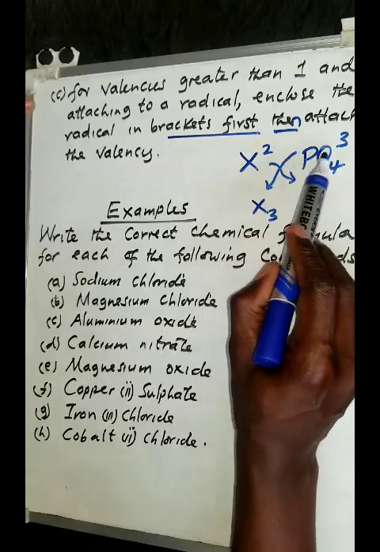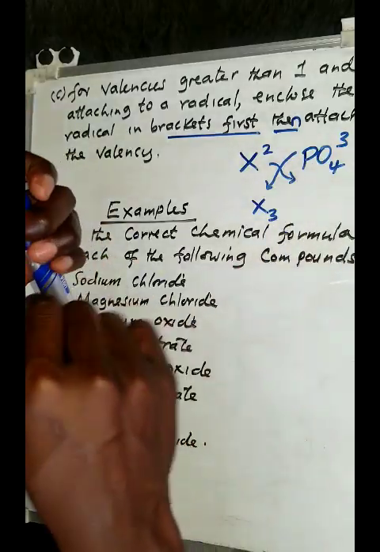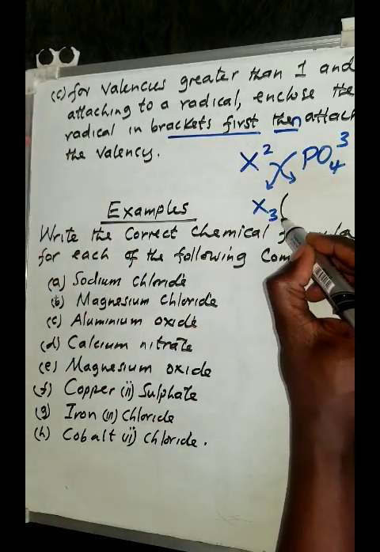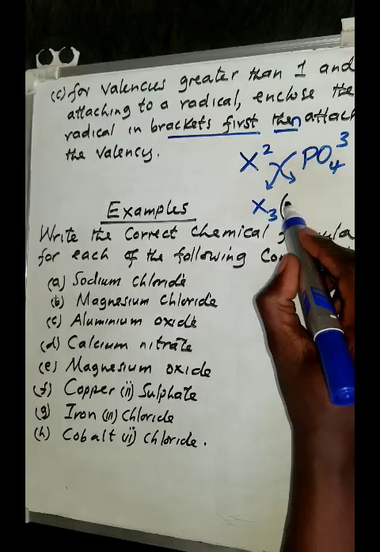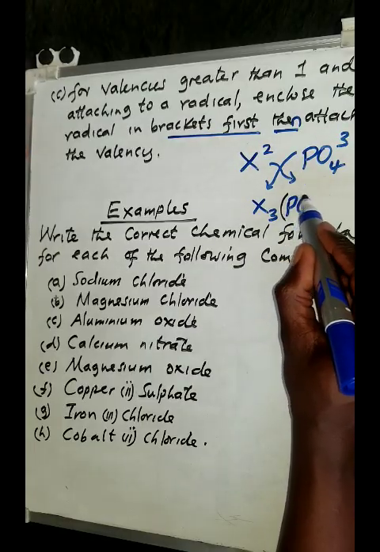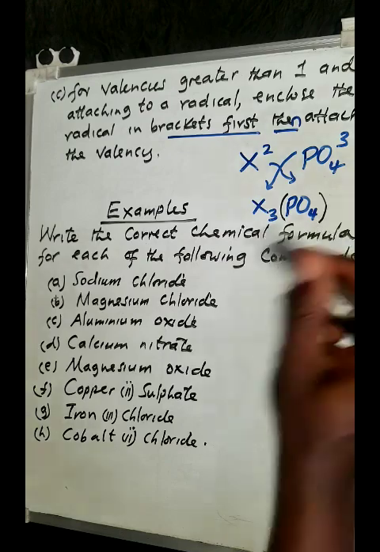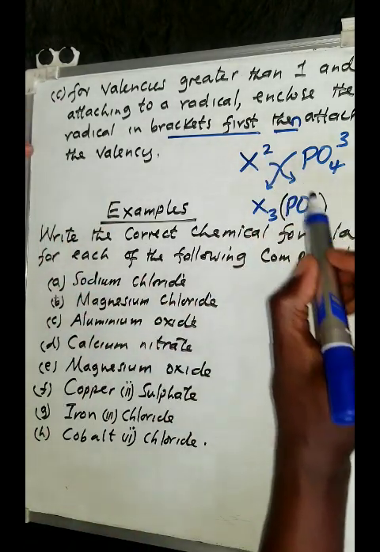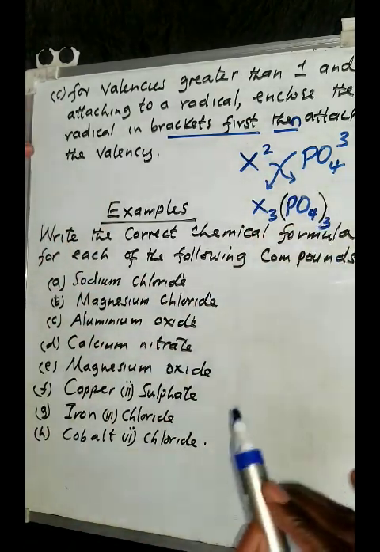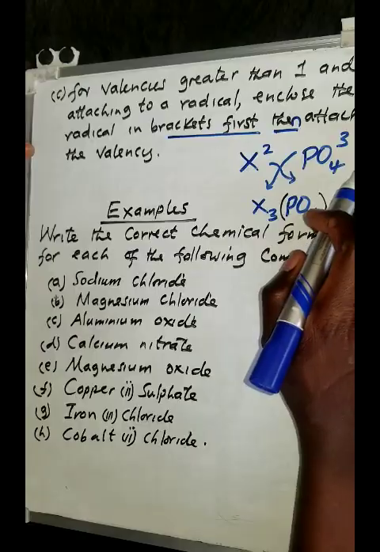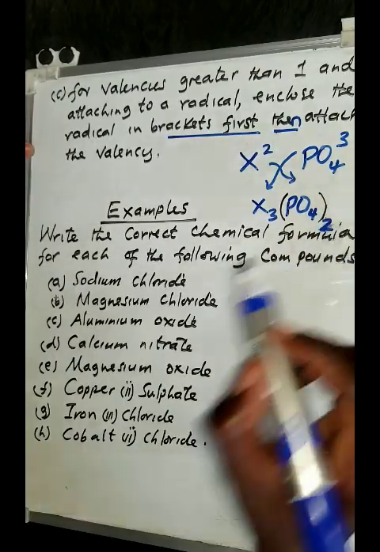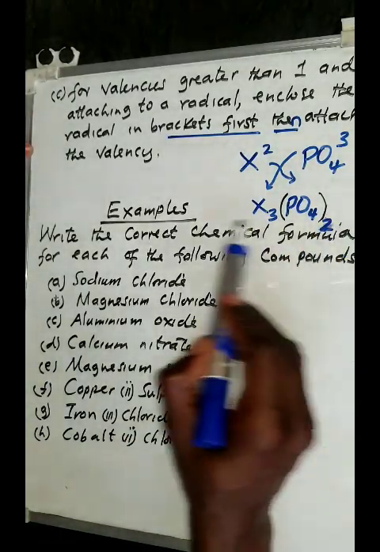But because this 2 is attaching to that radical, what you do is that first of all, you enclose the radical in brackets. So put the phosphate PO4, put it first of all in bracket, then that's when you are going to attach that valency. Sorry, that valence is a 2, so that is when you are going to attach the valency. So that's what we mean there.